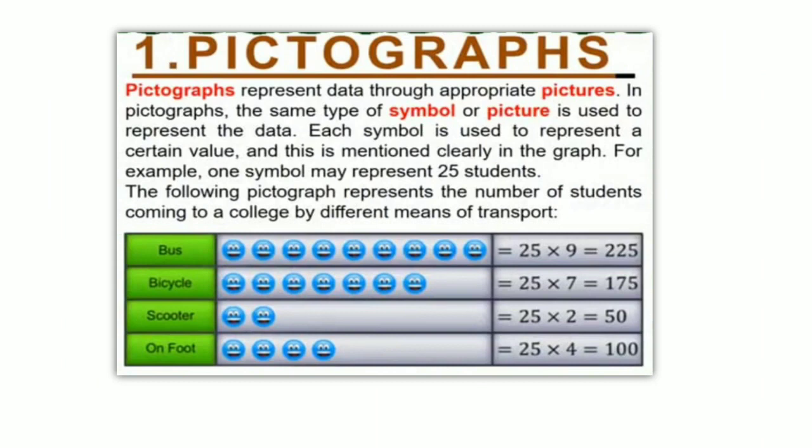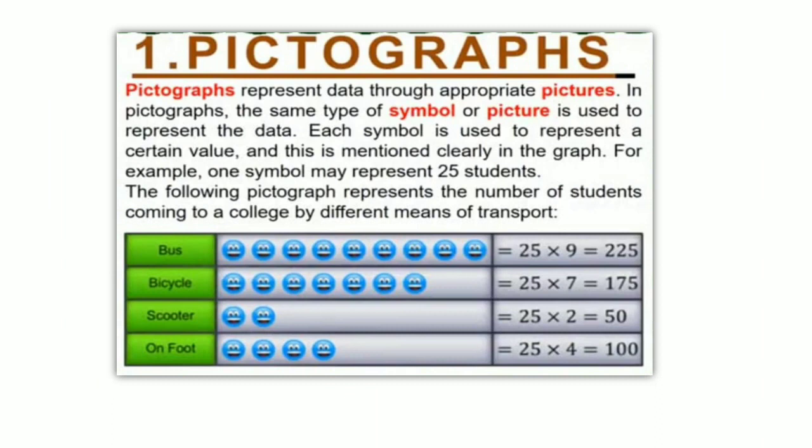In that you can see which symbol is used. Yes, a smiley symbol is used. Each symbol represents a certain value, and this is mentioned clearly in the graph. One smiley is equal to 25 students.